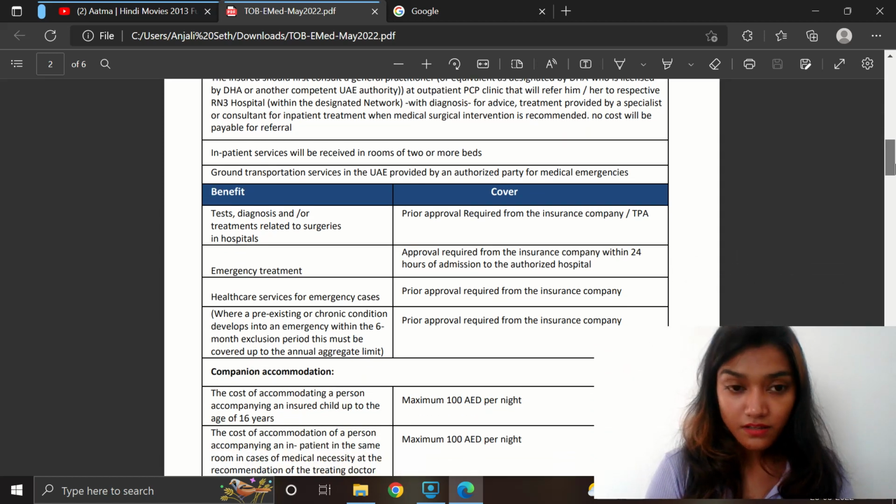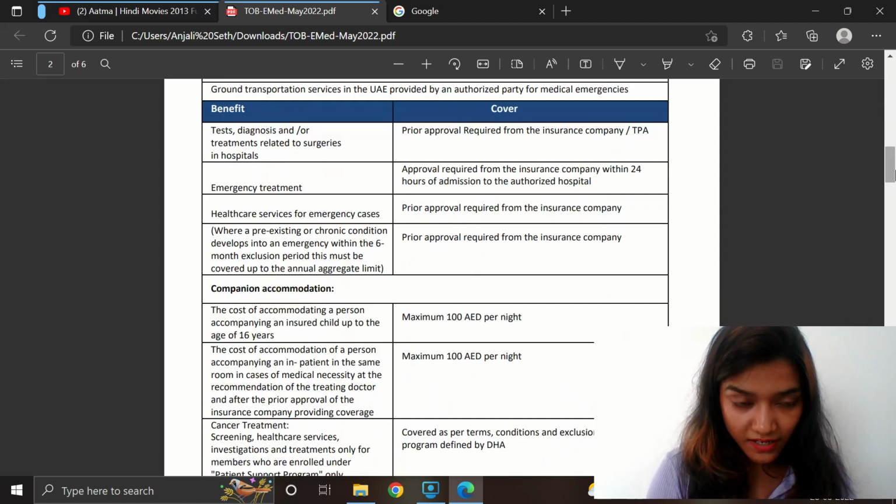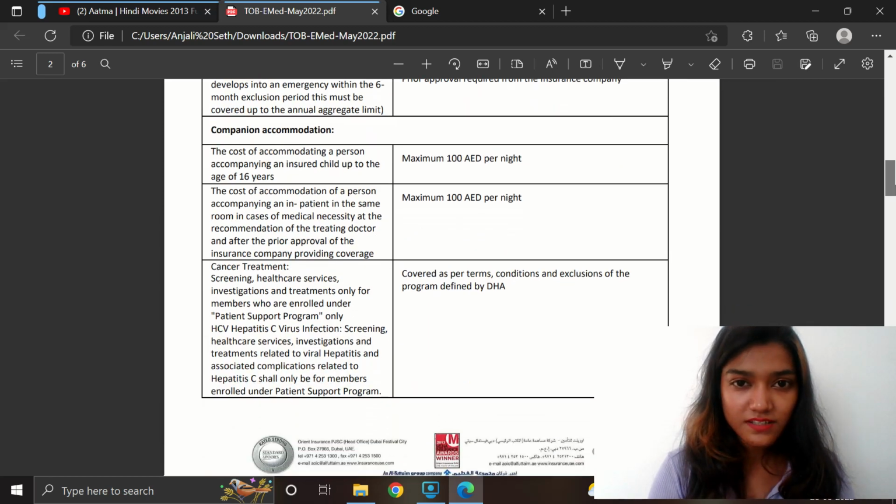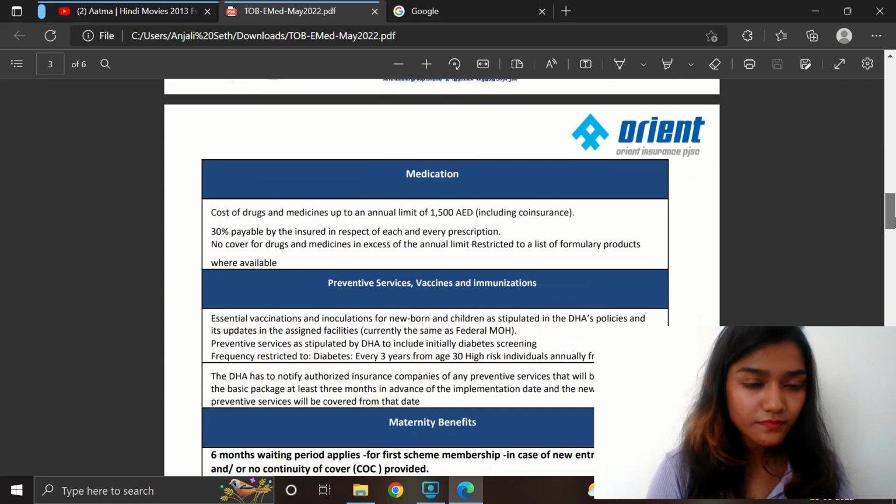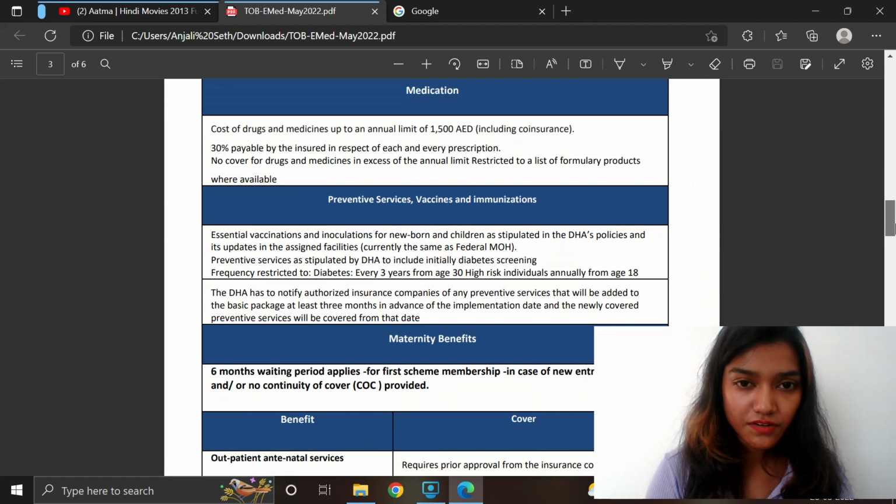Then moving ahead, everything else is normal. Now we see medication, which means pharmacy.